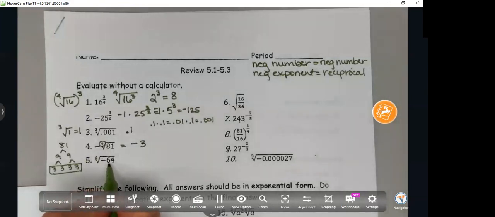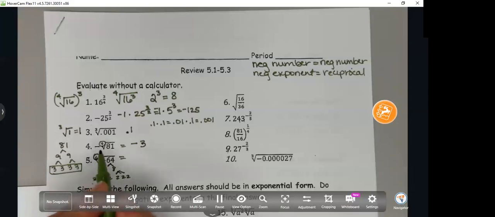Okay, so then we've got the 6th root of negative 64. This is going to be 8 times 8, and then we know 8 is the cube root of, so look at that, we've got 6 2's. Now, keep in mind that you cannot have an even root of a negative number.